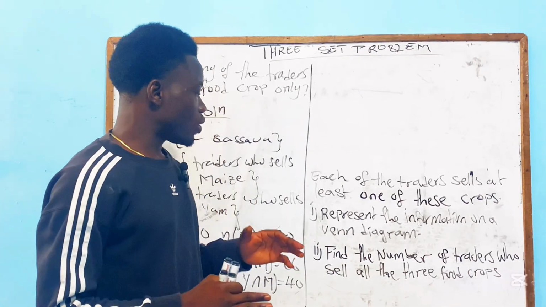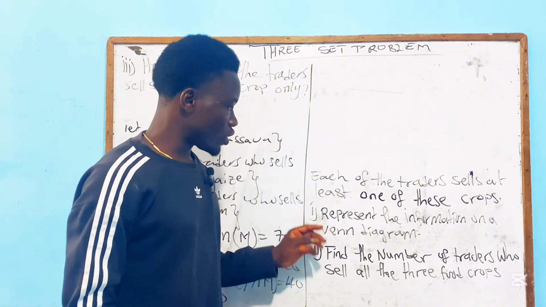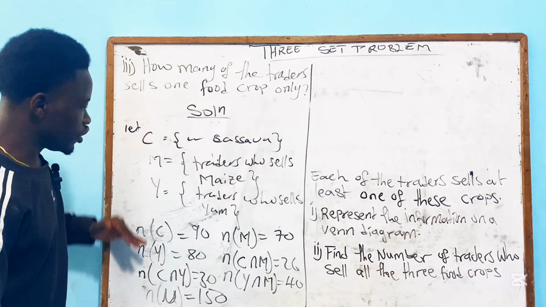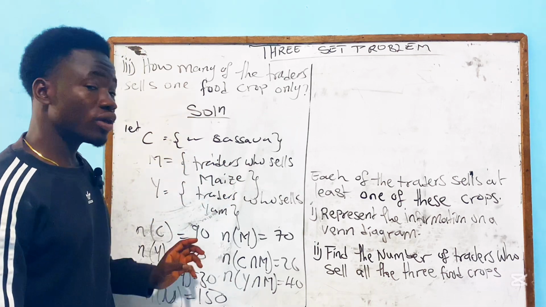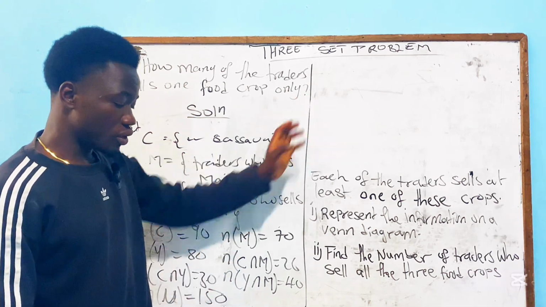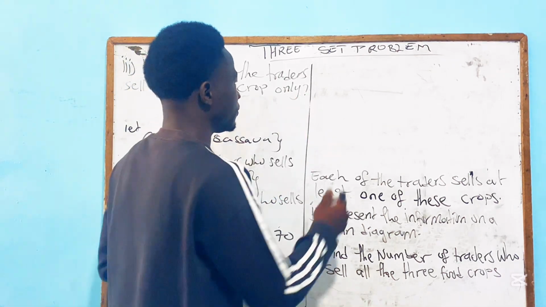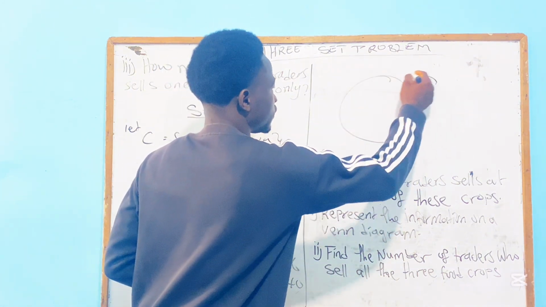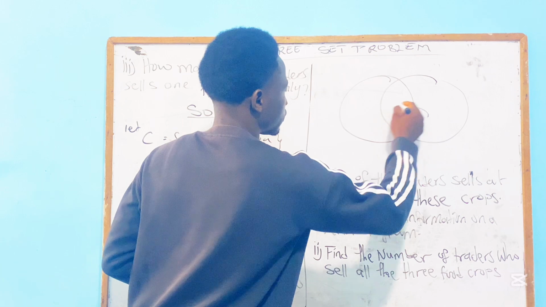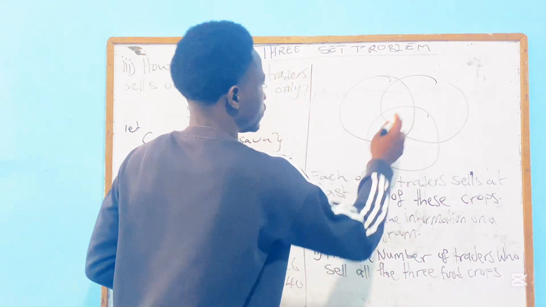Alright, so now we are going to deal with the first one, but note that all this we are doing is still under the information, because we are trying to get the information that we can use on the Venn diagram. So you draw the Venn diagram. It's 3 sets.